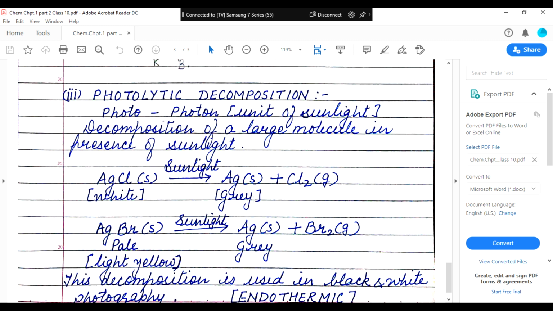This decomposition reaction was used in old photography and still in black and white photography.